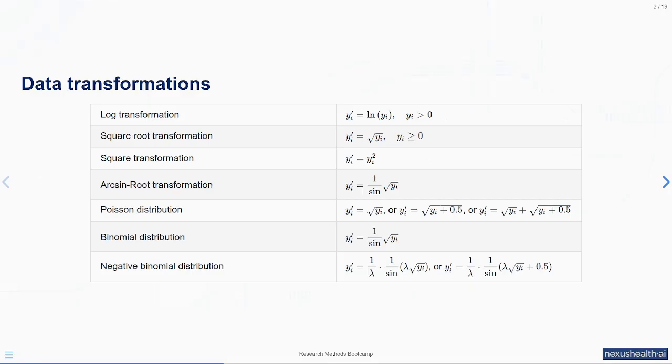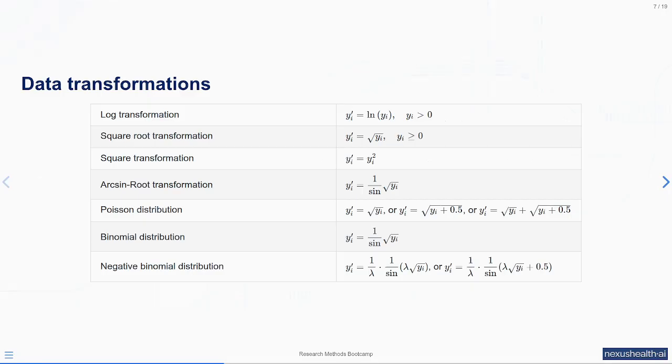We also have the arcsin-root transformation, and then Poisson distribution. So in Poisson distribution, we do this when the distribution of the variable is a Poisson distribution. We also have the binomial distribution, and if you look at this slide, you can see that the binomial distribution is similar to the arcsin-root transformation, so they are similar.